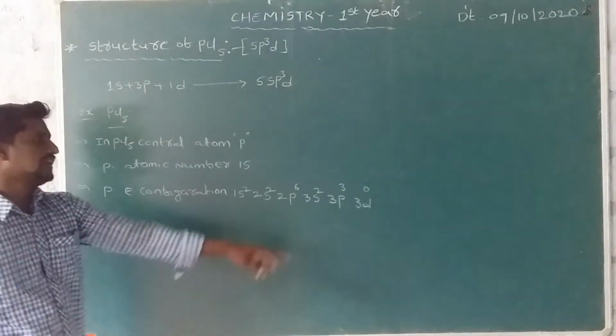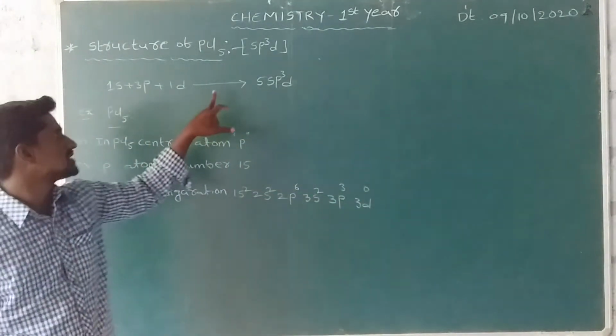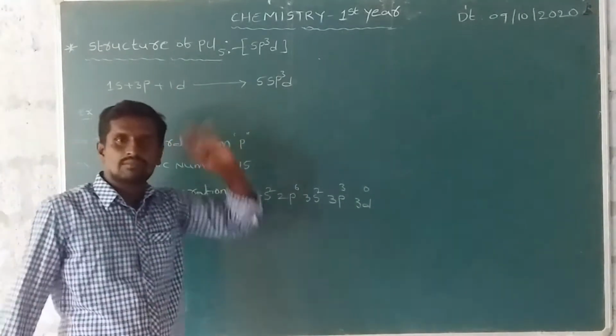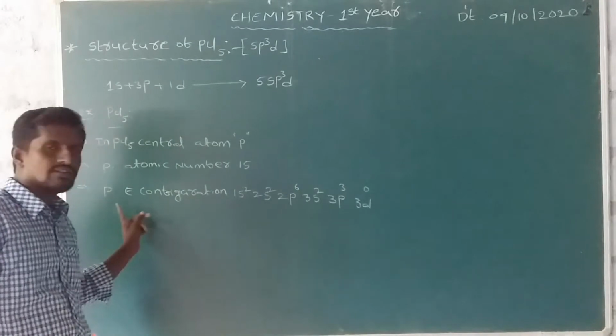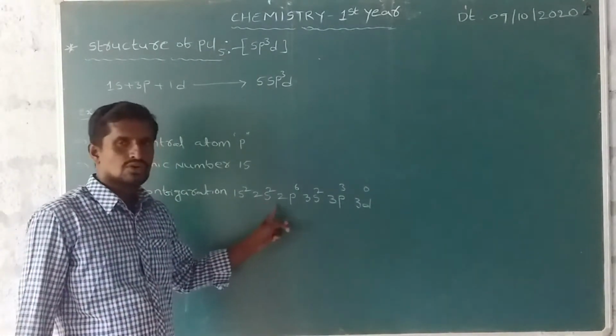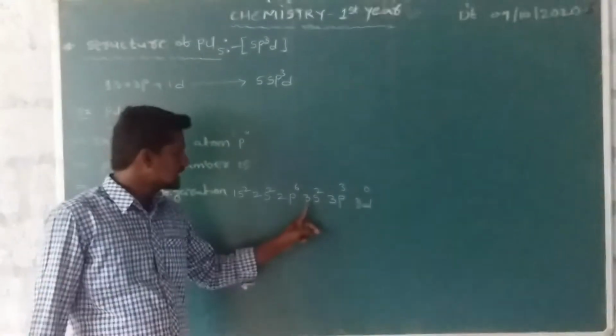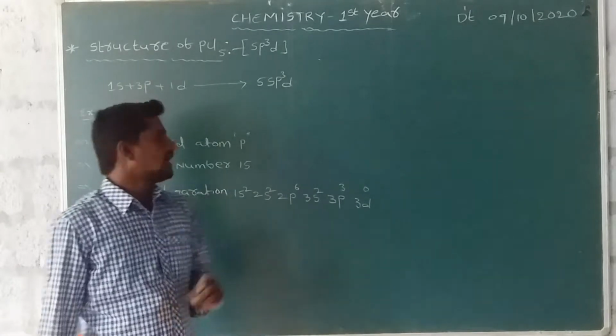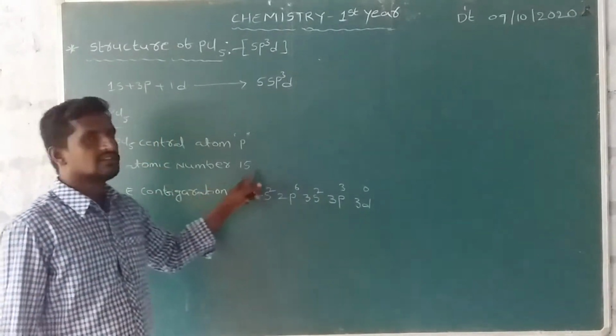This hybridization involving s, p and d orbitals is due to the electronic configuration of phosphorus, 1s2, 2s2, 2p6, 3s2, 3p3, 3d0. Atomic number of phosphorus is 15.